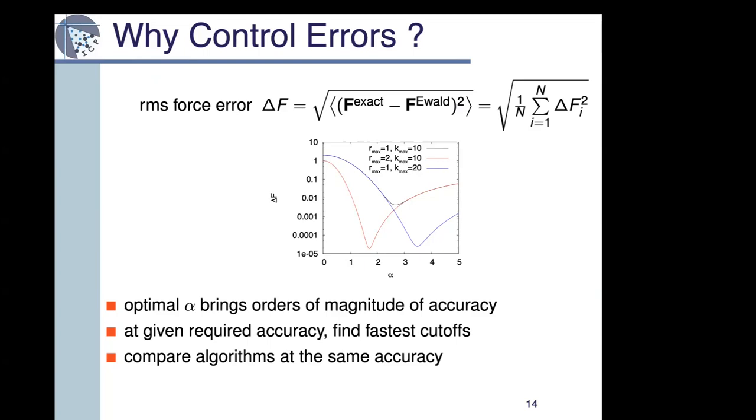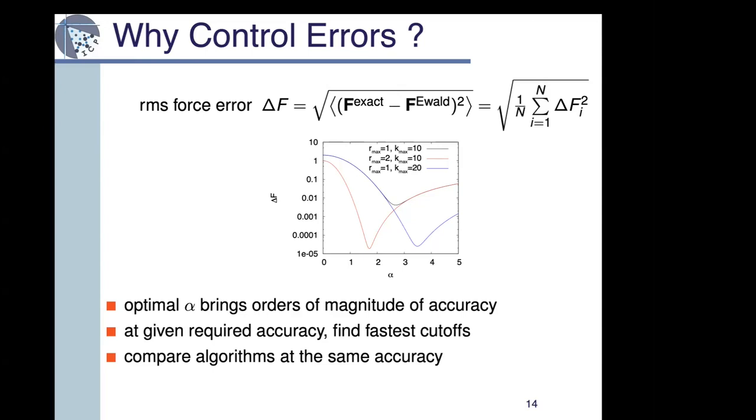To go to the exact value is too costly. It would take forever. And therefore, you say, I'm already happy if I reach a certain accuracy. Let it be 10 to the -4, 10 to the -5, whatever, relative accuracy in my forces. And I can say, this is my bound, which I would like to allow. And then I can ask, what kind of work do I have to do in order to achieve this bound?